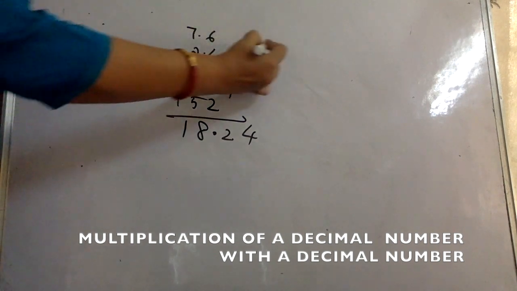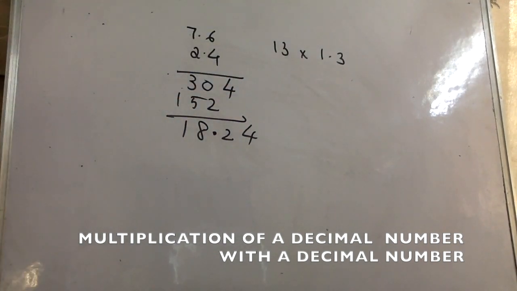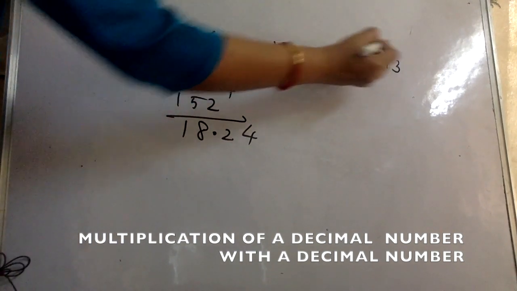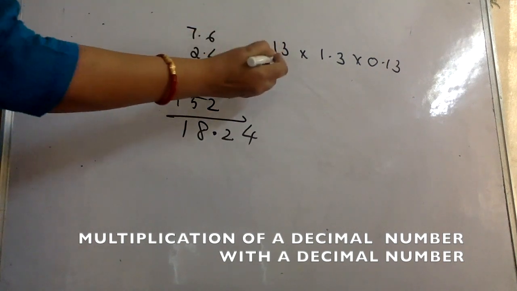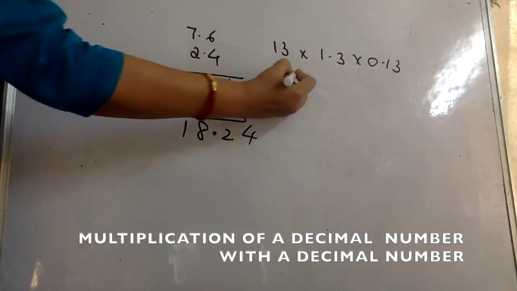Now see how it is. 13 into 1.3 into 0.13. How do we do this? In this case, we have 13 into 13 into 13. So let's do that multiplication only.